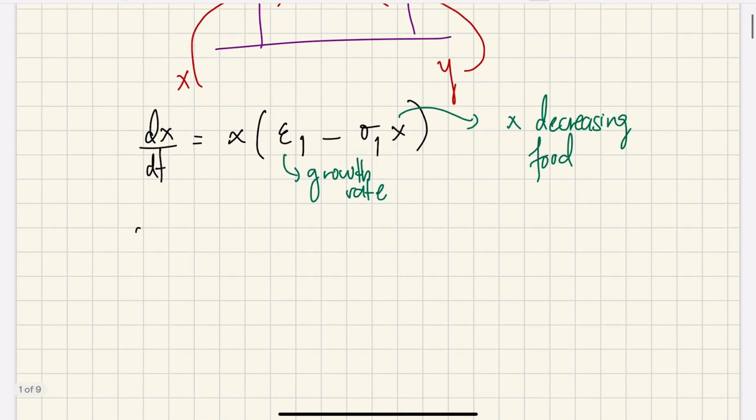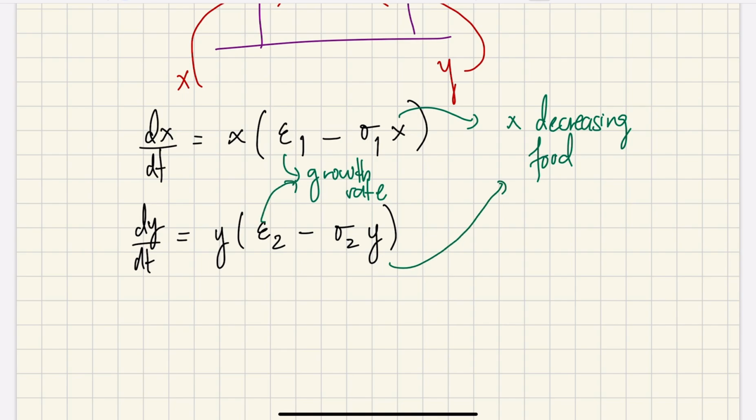Same for y: dy/dt = y(epsilon 2 - sigma 2 y). Again, this is the growth rate and this is just y decreasing the food, because of which its growth decreases.